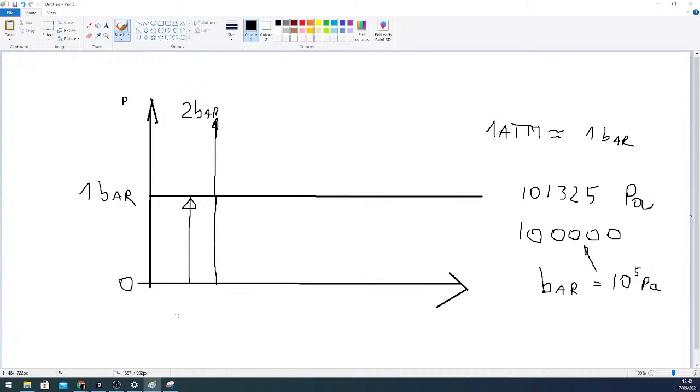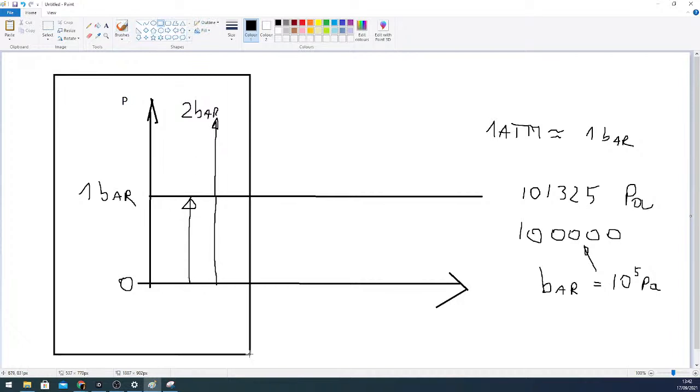So if you're talking about absolute scales, this is the absolute pressure. Then in absolute scales, the atmospheric pressure is 1 bar of pressure, and 1 bar higher than the atmospheric pressure is 2 bars of pressure. That's the absolute scale, starting from absolute zero.